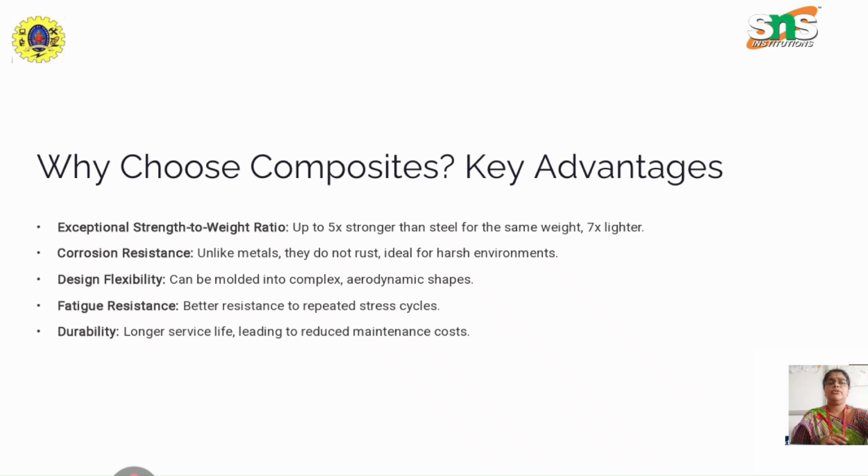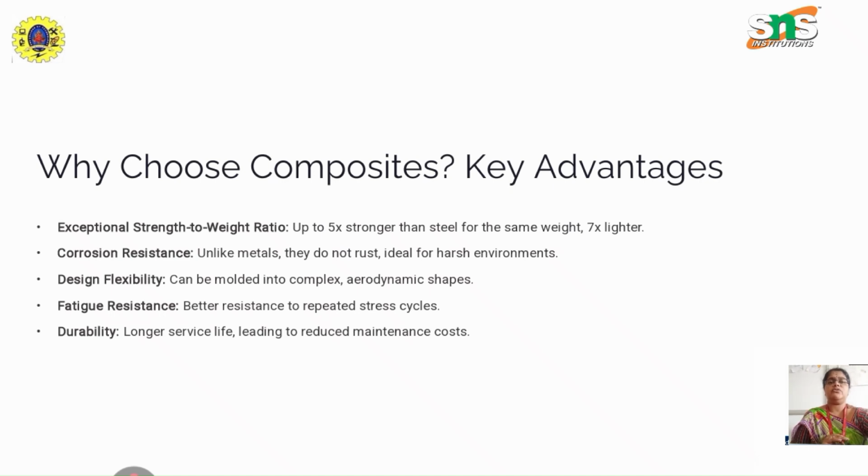Why choose composites? What are the advantages? Why should we go for composites? There are different properties that will be enhanced by using composite materials. They have an exceptional strength to weight ratio, up to 5 times stronger than steel for the same weight, or 7 times lighter. We know that steel is a very good material.